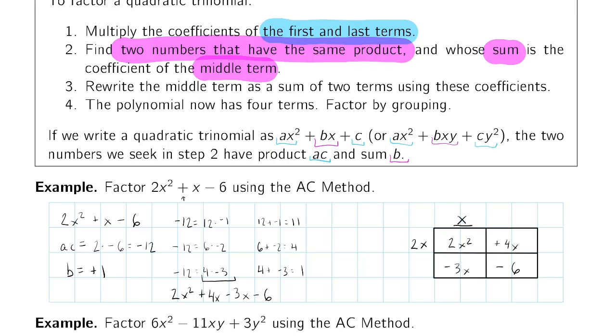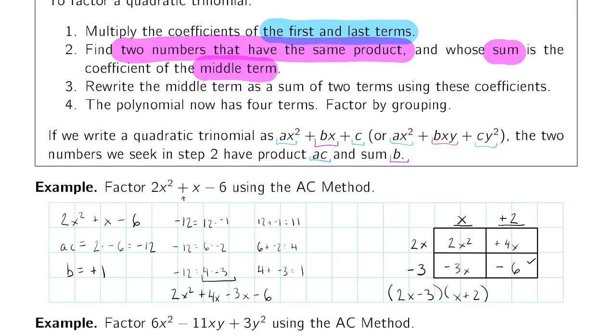I'll need an x here. 2x times what gives me positive 4x? I'll need a positive 2 here. X times what gives me negative 3x? I'll need a negative 3 here. And then negative 3 times positive 2 does give me negative 6. I've gotten back my 2x minus 3 times x plus 2.